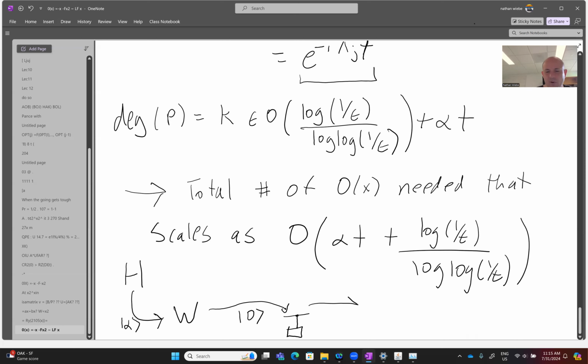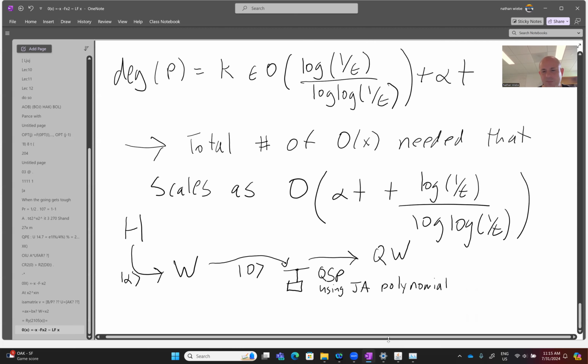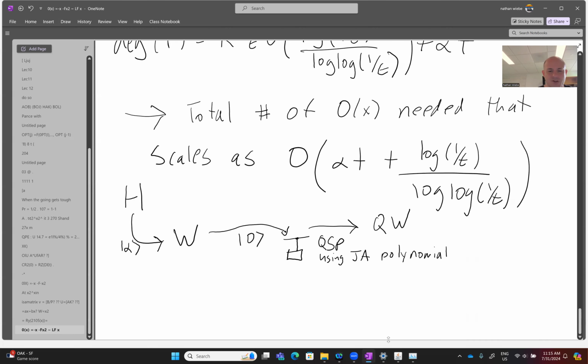Then what we do is we apply QSP using the Jacobi-Anger polynomial. And this will end up giving us a new function. Let's call it QW, using the following number of operations at the top.